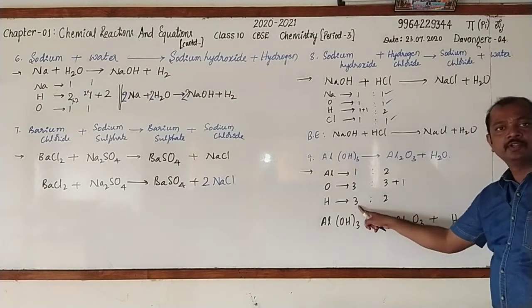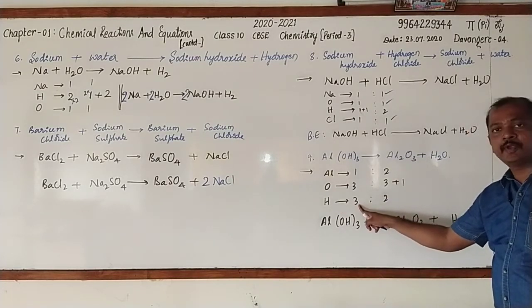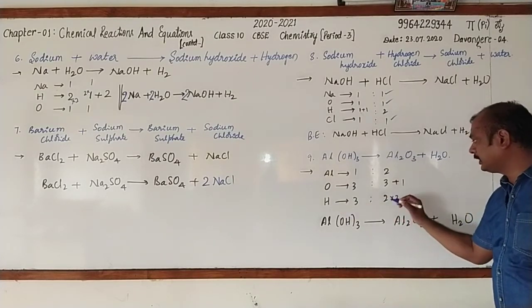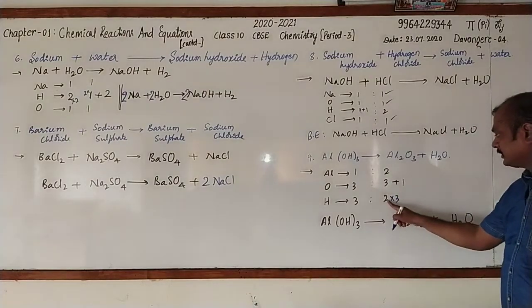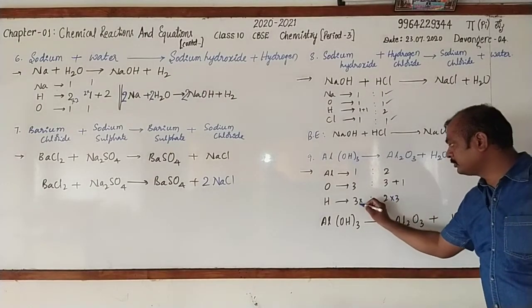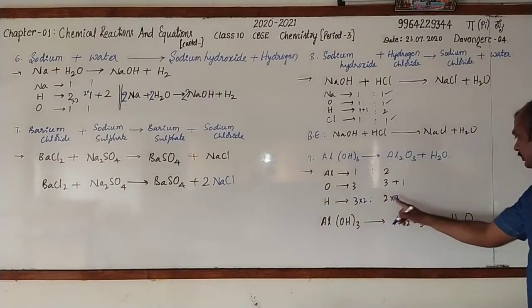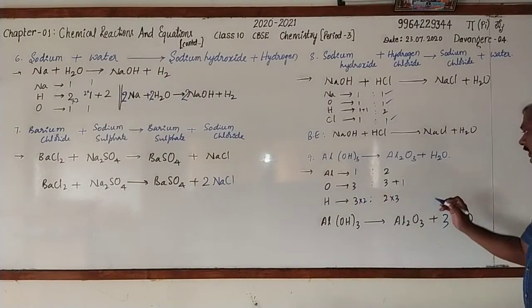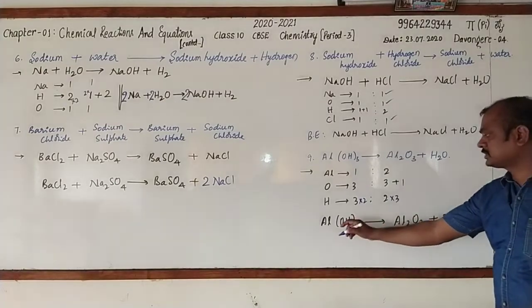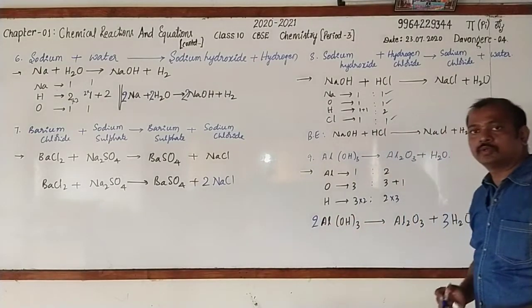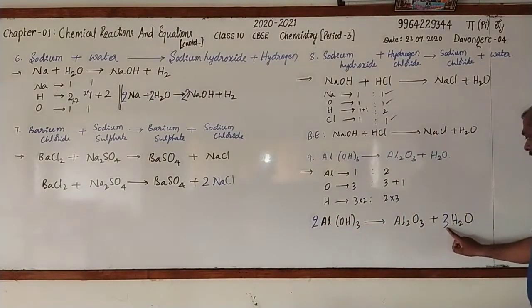Hydrogen has maximum number of atoms 3. Hence, it should be multiplied 3. If it is 3, see that 2 3s are 6, and it should be multiplied by 2. Here I write on RHS hydrogen side I should write 3. LHS hydrogen side we should write 2. Now you count how many atoms of hydrogen? 3 2s are 6.